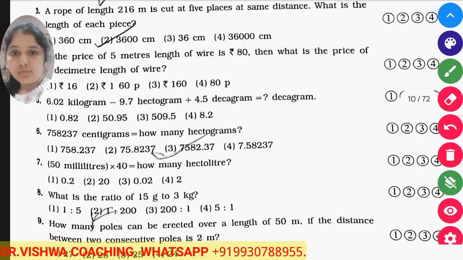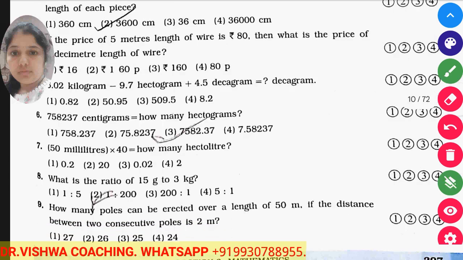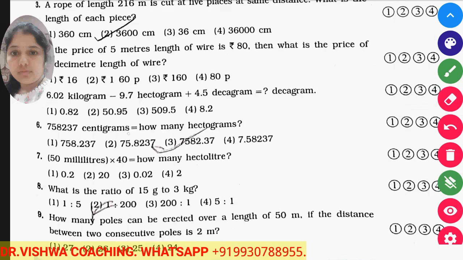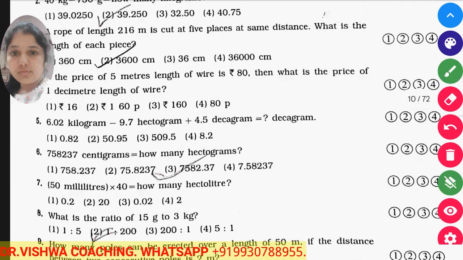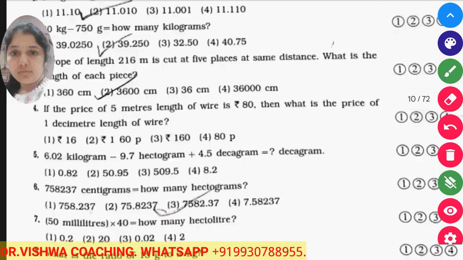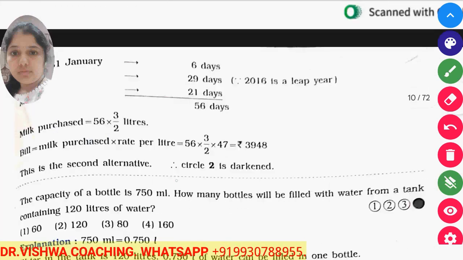Now 6.02 kilogram minus 9.7 hectogram plus 4.5 decagram is equal to how many decagram? Now see, the answer is asked in decagram, so we have to convert all the things into decagram, and then you can do addition and subtraction and you will find the answer.